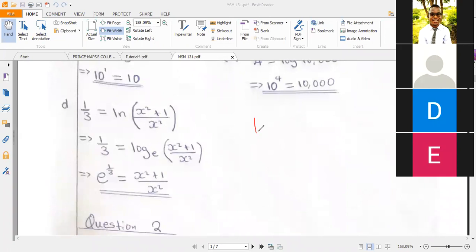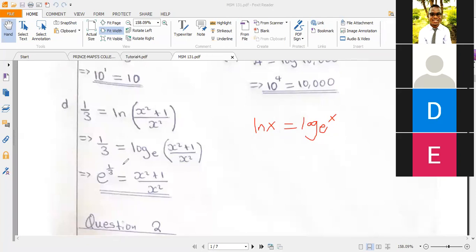So when you have ln of x, this is the same as the natural log base e of x. So ln of x is equal to log e of x.